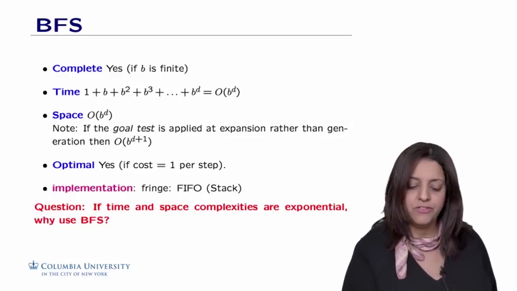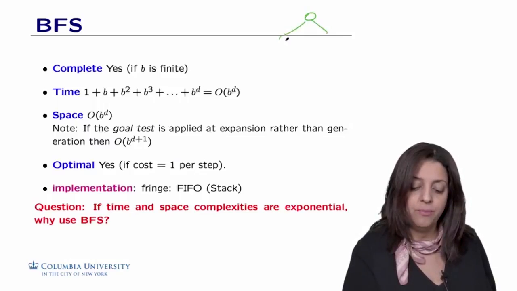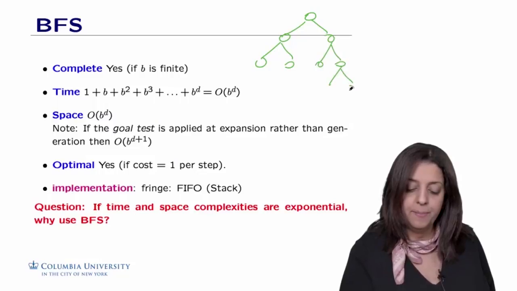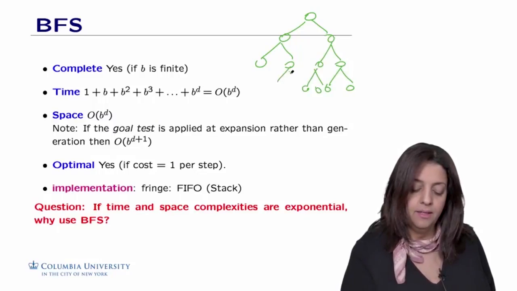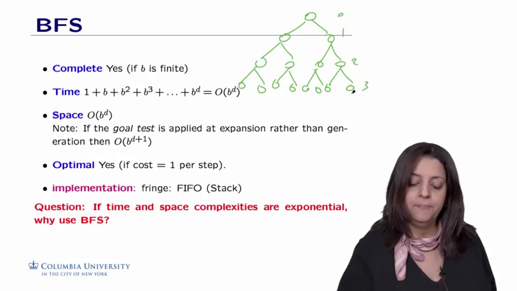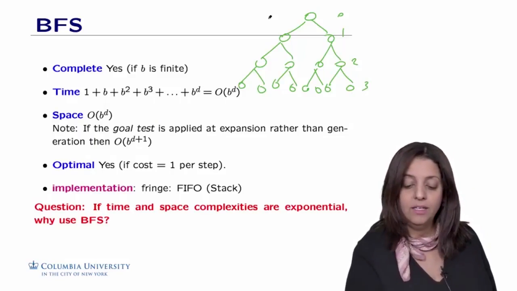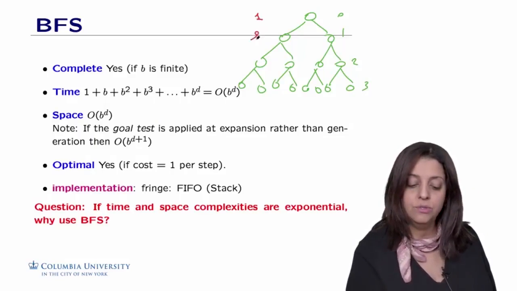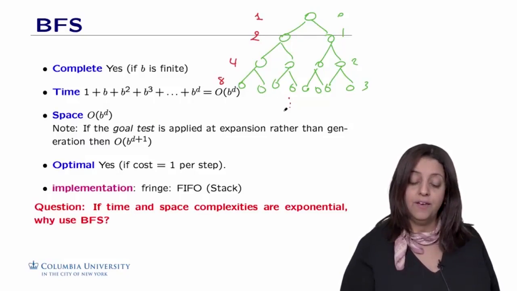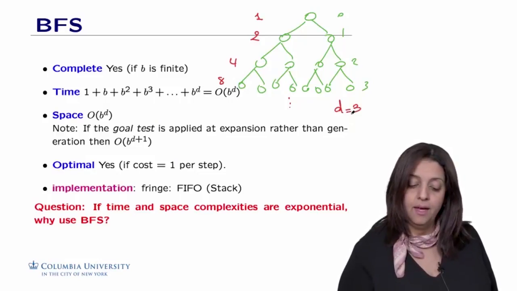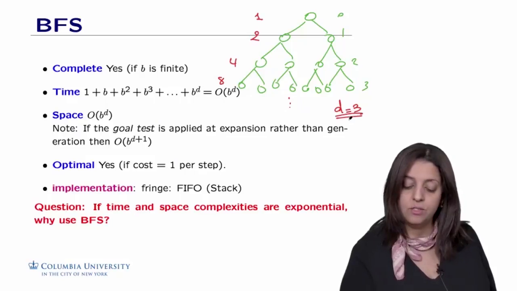So for example, if we have this kind of binary tree with depth 0, 1, 2, 3, the number of nodes being expanded here is 1 for the root node, then 2, then 4, then 8, and so on. If d is equal to 3, this means that we're going to stop at the solution at depth 3.